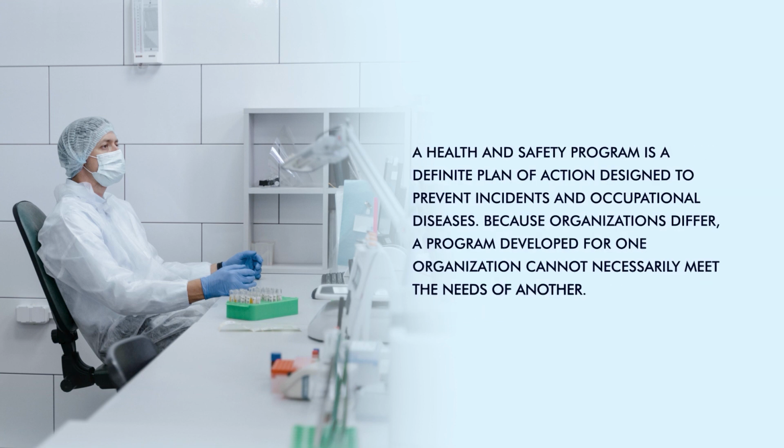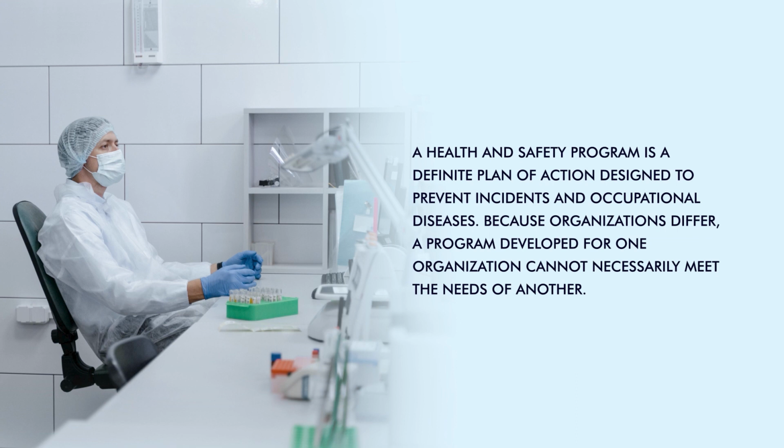A health and safety program is a definite plan of action. For anything to be executed, there should be a definite plan of action. Here, the plan should be designed to prevent incidents and occupational diseases.